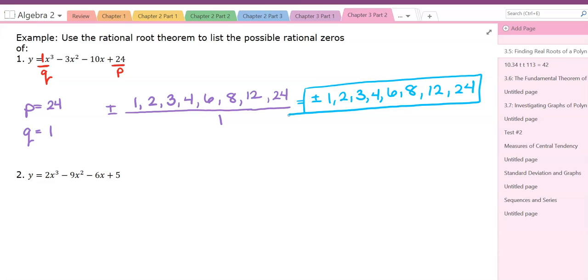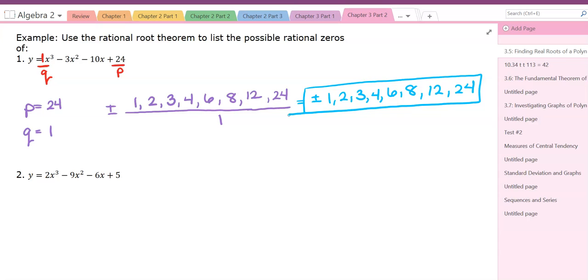So if I was given no information about what the zeros might be, I could come into this list and start testing these numbers to see if they're factors, to then help me find the remaining factors. So it helps you so that you're not just guessing and checking numbers. It gives you a specific list of numbers that there should be one in there that works, that you can then use to do what we were doing on Monday.